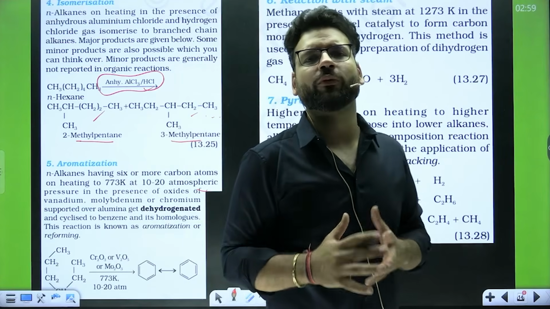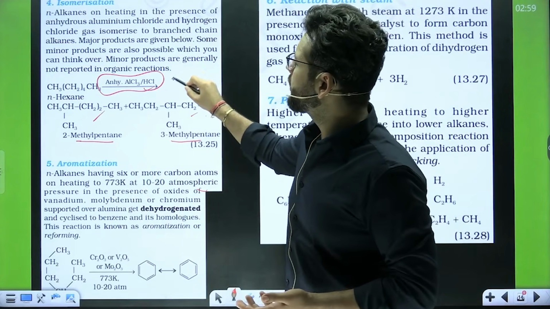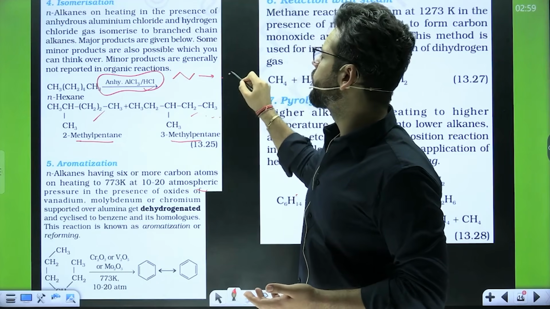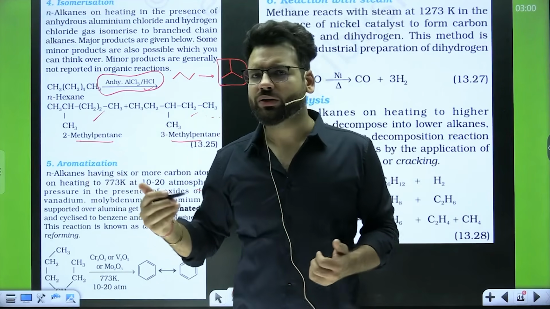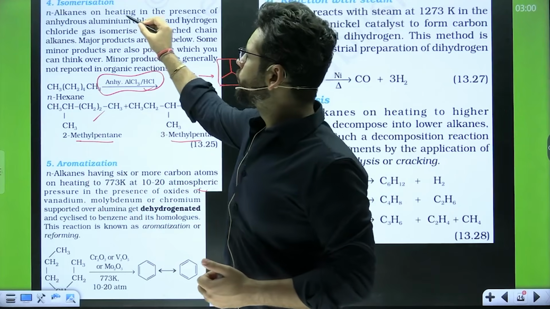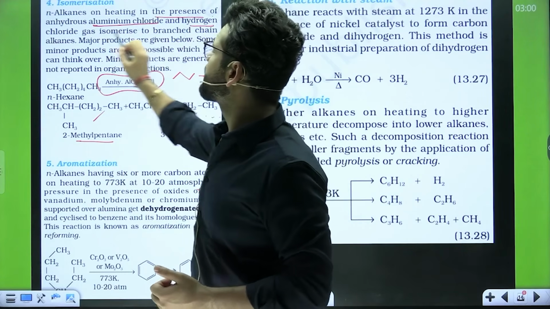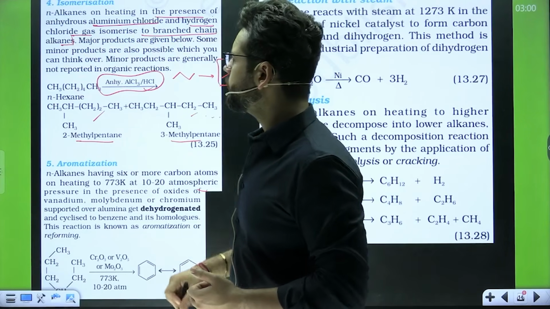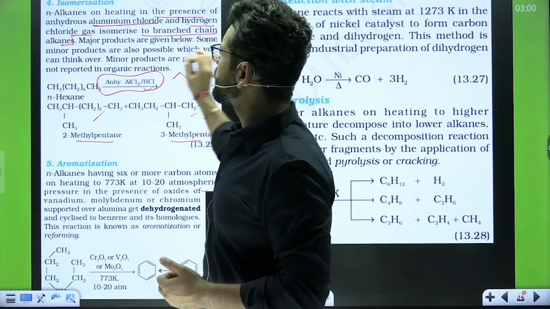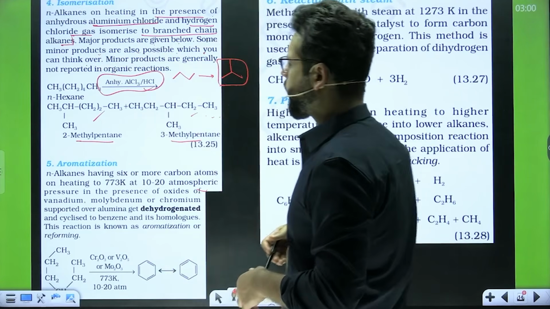So no type of question can be asked from isomerization. Maybe isomerization of butane may be asked, which can give you isobutane, because here a single product is possible. This can be asked. So alkanes on heating in the presence of anhydrous AlCl3 and HCl gas isomerize to branched chain alkanes. Major products are given below. Some minor products are also possible, which we can think over easily.